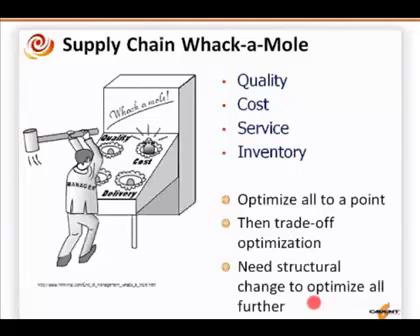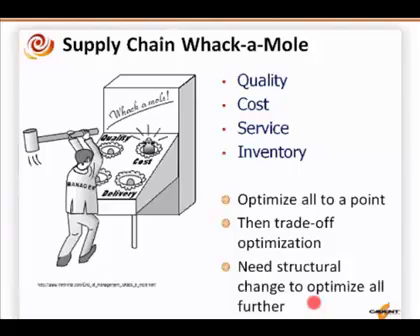We presented this concept to hammer home the interdependency of this supply chain whack-a-mole. You have quality, cost, service, and inventory, and we want to emphasize again that if you optimize all of them to a point, there are companies that probably can still improve quality, reduce cost, improve service, and reduce inventory without having to worry about the interdependency of them.